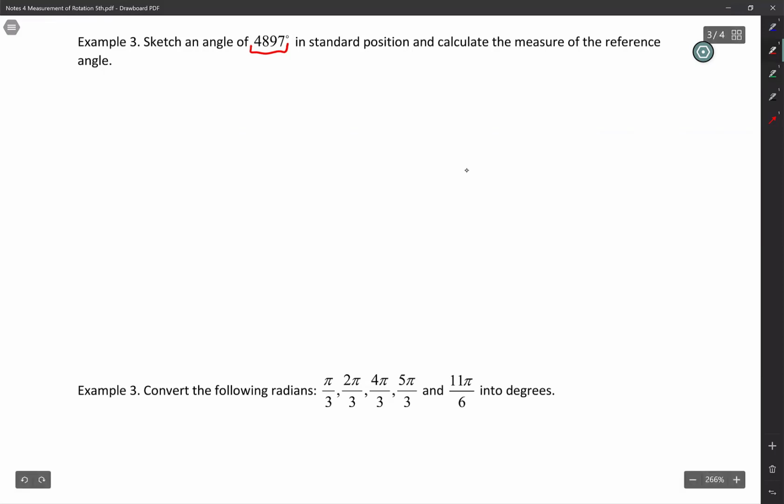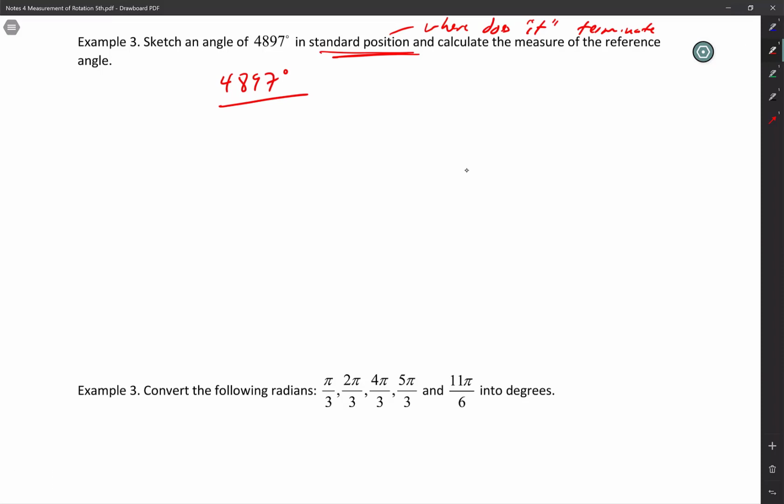Do it like this. Take the 4897, because that's what they want. They just want an angle. They just want to know where it terminates. Where does it, quote unquote, terminate? Take the 4897, and that's degrees. And in one revolution, how many degrees are there? Yeah. Divide that by 360.